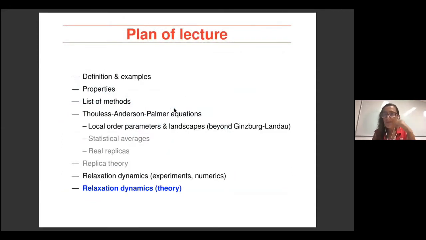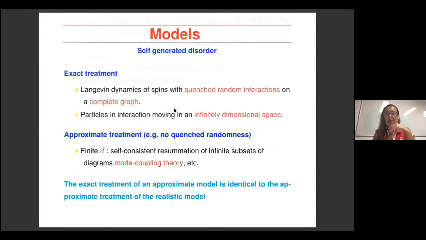What can we do with theory? With theory, what we can do is treat exactly the evolution of problems which are either spin models on fully connected graphs with quenched randomness, or also problems of particles in interaction moving in infinite dimensional spaces.